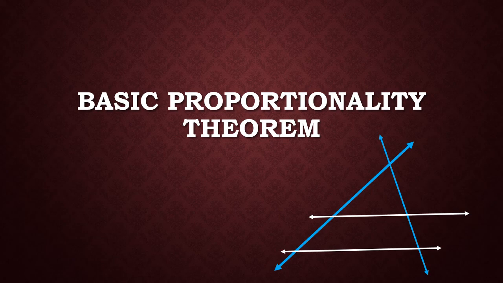You can see here that four intercepts are formed by the parallels, and BPT is concerned with these four intercepts and their property. We are going to study the basic proportionality theorem here and its converse also.